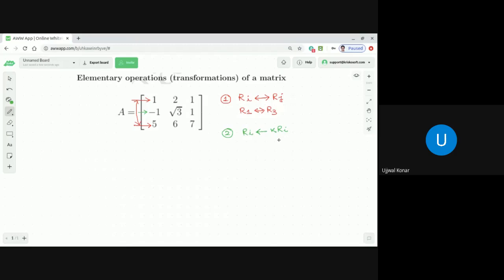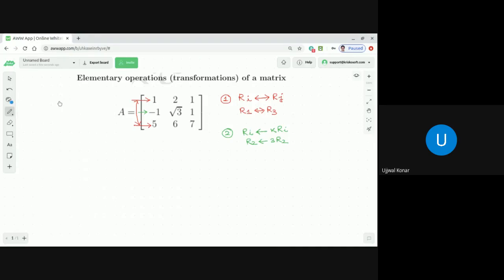So this is the second operation. For example, the new R2 is nothing but 3 into R2, as if each and every element of the second row of this matrix you are multiplying with 3 and we get a new element in the second row of this matrix. That is the second operation.